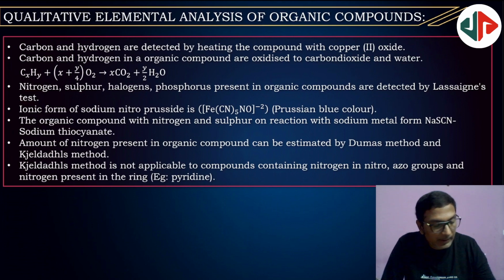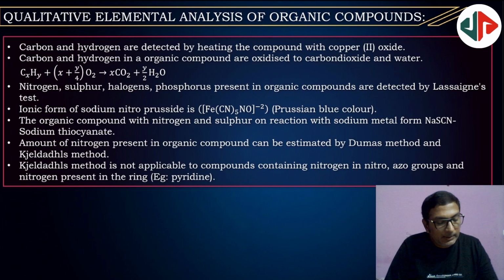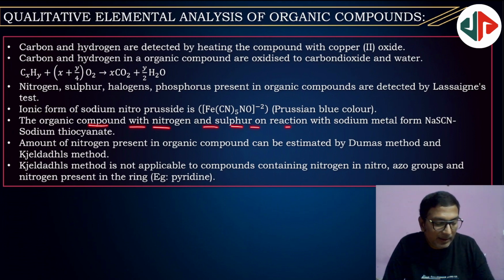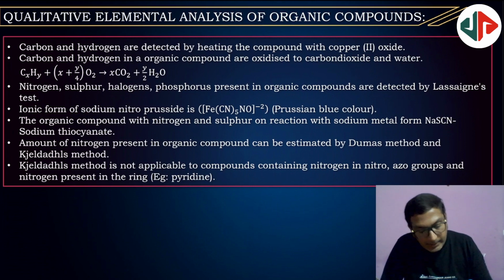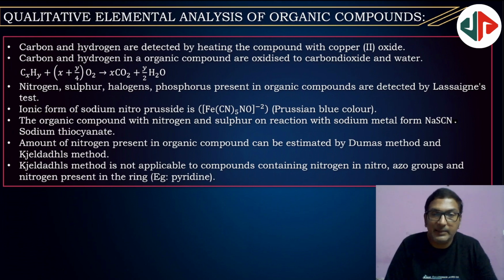Sodium nitroprusside gives a Prussian blue color. Organic compounds with nitrogen and sulfur on reaction with sodium metal form NaSCN, sodium thiocyanate.